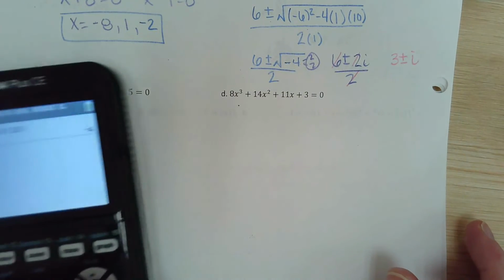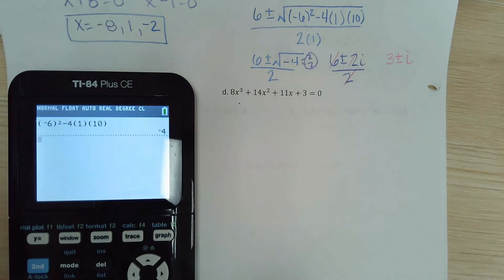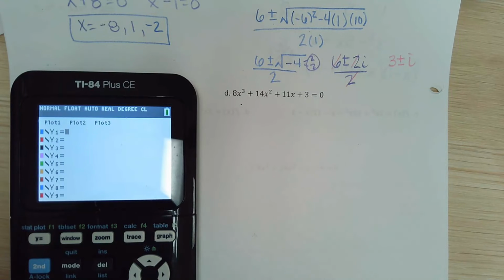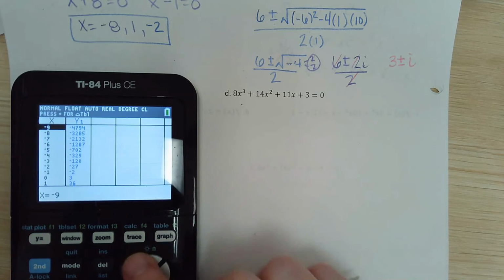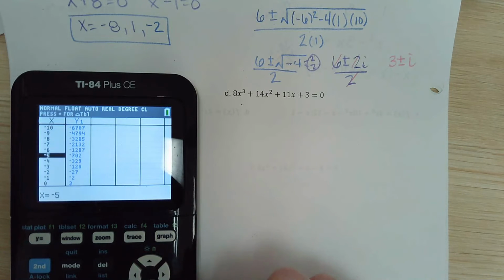Once again, I'm going to do another one just to show. So I'm going to do D. I'm going to go to y equals and plug into my calculator 8x cubed plus 14x squared plus 11x plus 3. Go to second table, and I'm going to find where there's a 0.